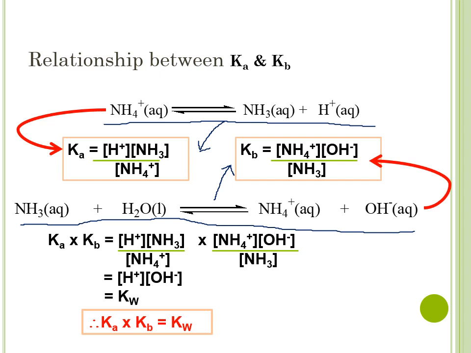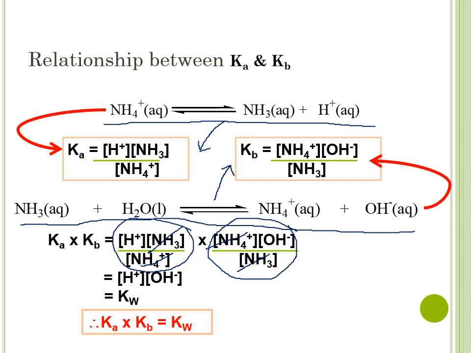Let's put them together, Ka multiplied by Kb. With both expressions of Ka and Kb together, we are able to cross out the NH3 concentration and the NH4+ concentration.